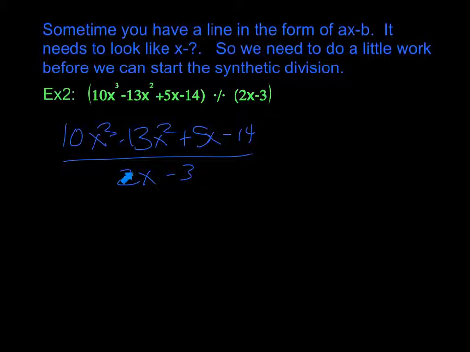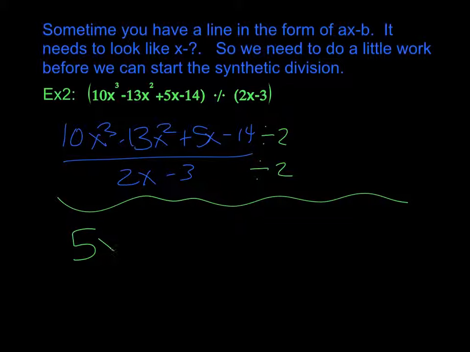In order for this to be able to use synthetic division, there needs to be no 2 here. So in order to do synthetic division, I need to get rid of the 2, which means I'm going to divide the numerator by 2 and the denominator by 2. That's going to give me 5x cubed minus 13 halves x squared plus 5 halves x minus 7.